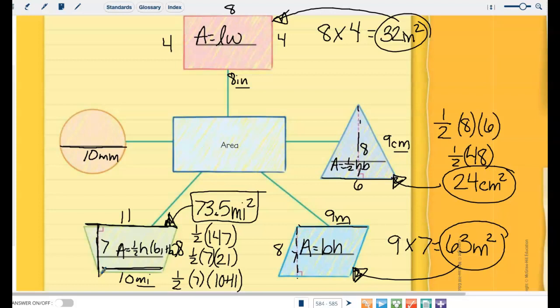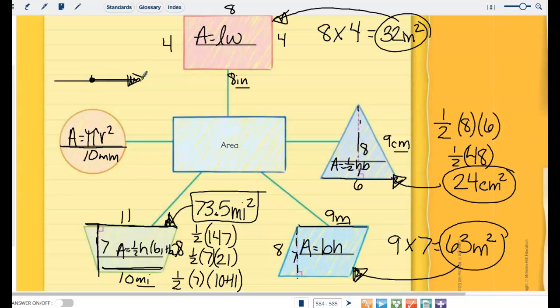All right, last one, we have a circle. The area of our circle is pi r squared, where r stands for the radius. Last year we talked about diameter and radius. The diameter goes clear across the center of a circle from one end to the other. The radius is only half.